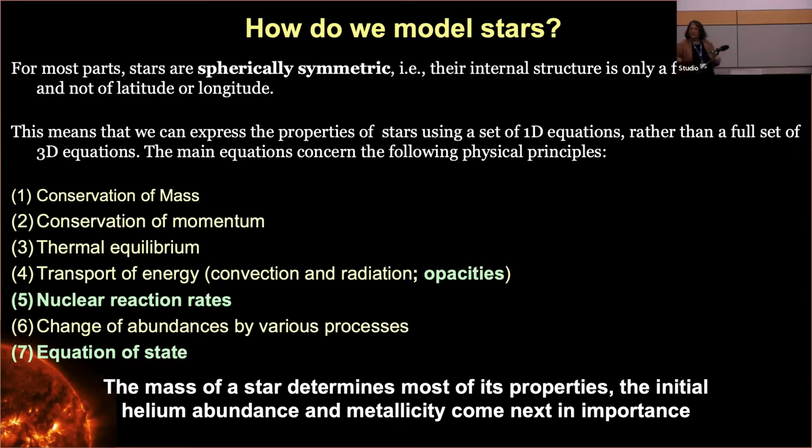We have to talk about transport of energy. Now, the stars we're looking at, it's mainly convection and radiation. Normal stars like the sun, conduction barely plays a role. Now, if you're studying white dwarfs, of course, conduction would be very, very important, okay?